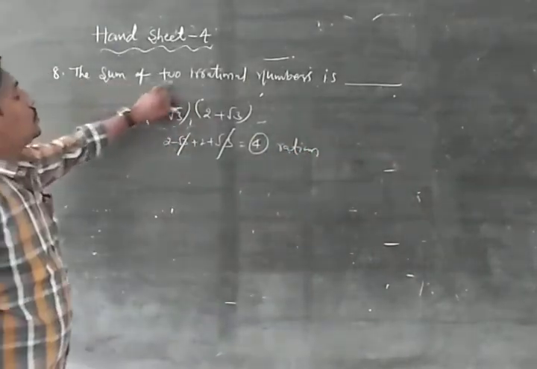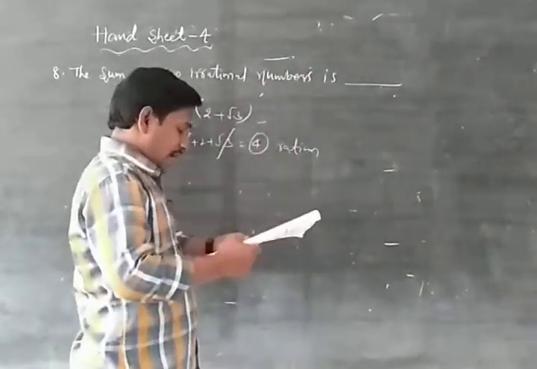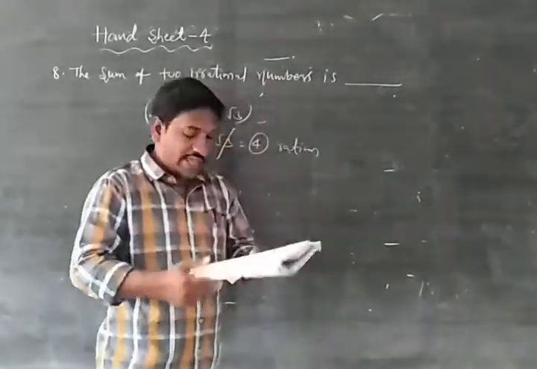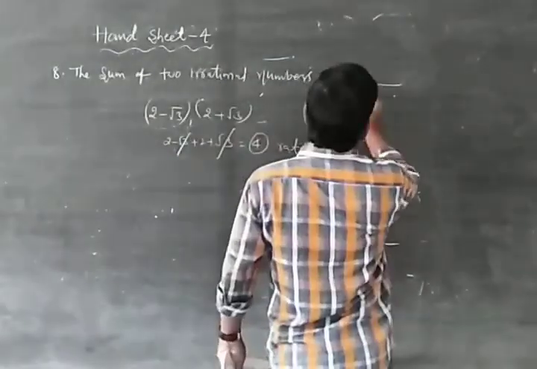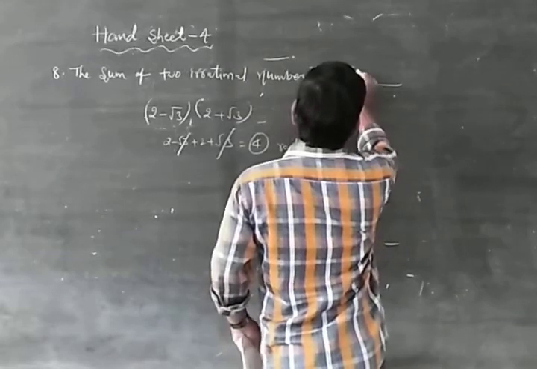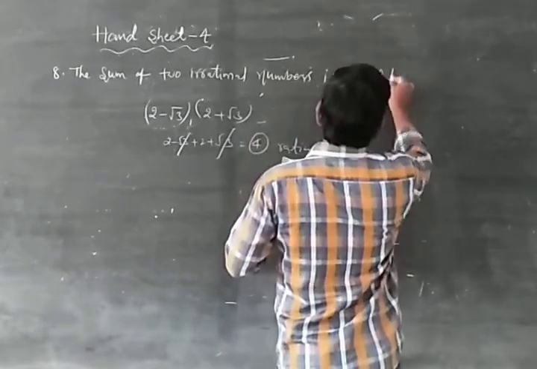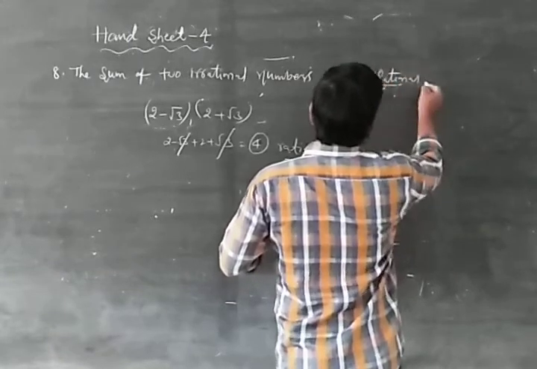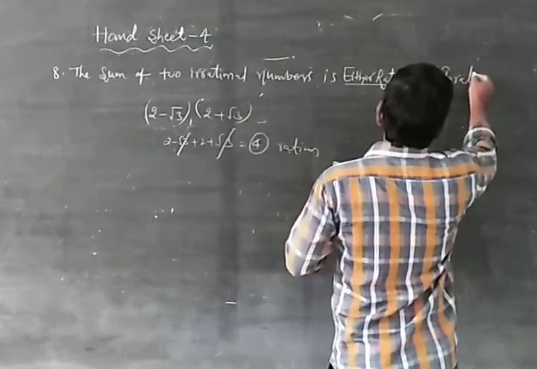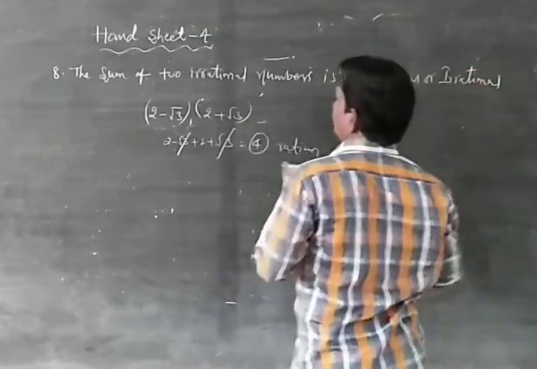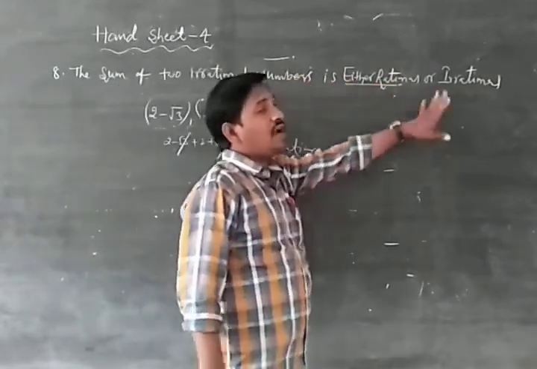So the sum of two irrational numbers is either rational or irrational.